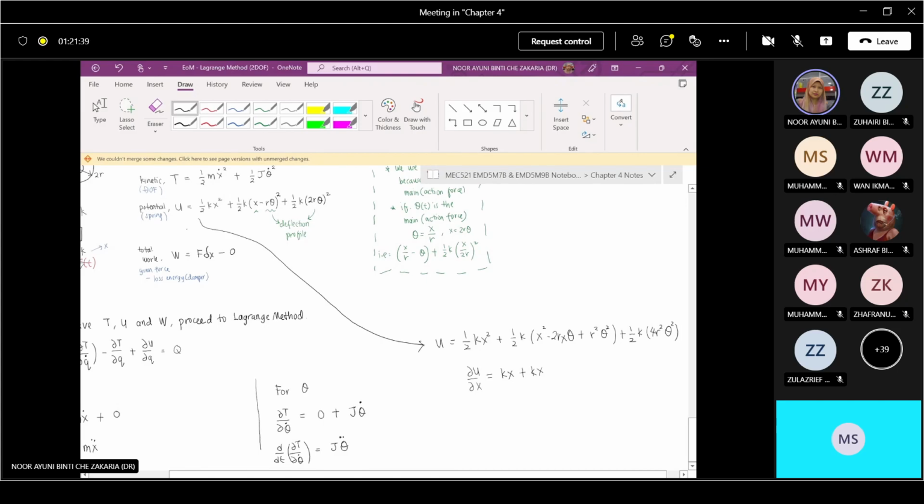1/2 kx square differentiate, we got kx, and then the next one is also kx. The next one is negative k r theta. And the other one is without the theta, without the x, so kosong. Next followed with, this is also 0.